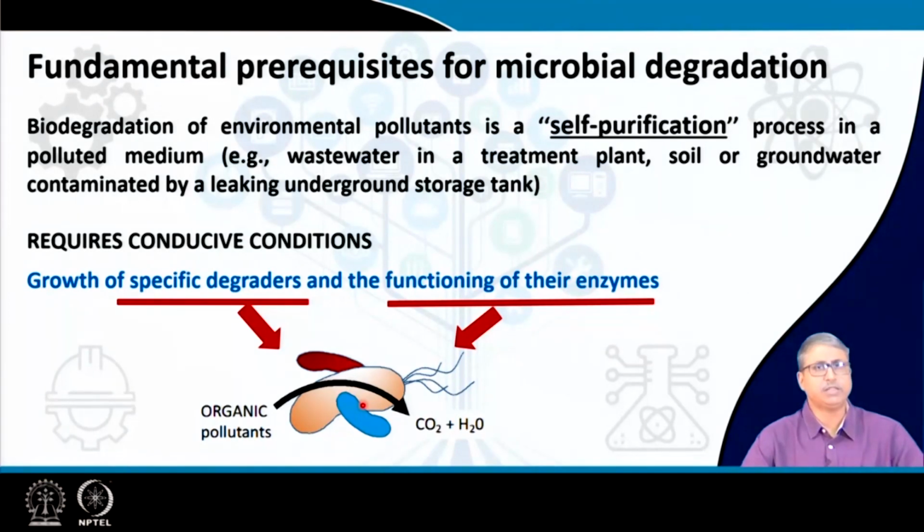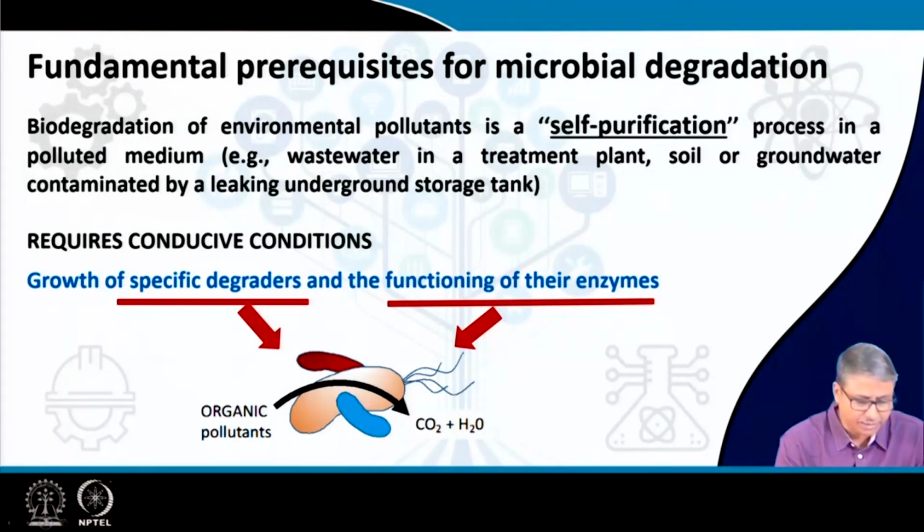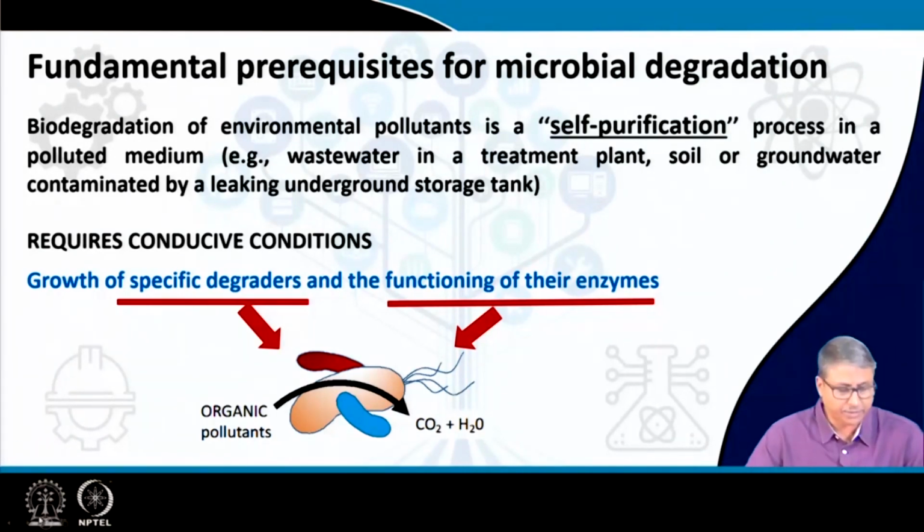Now, the degrader organisms must be capable of having the complete expression or production of the required enzymes which are responsible for carrying out the degradation process. So, ideally it is not merely the presence or absence of the organism only, but also the presence of the functional enzymes.